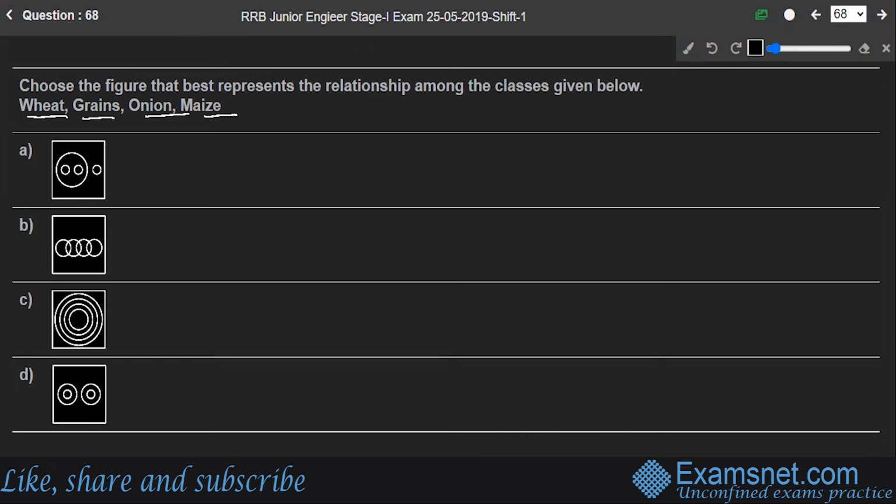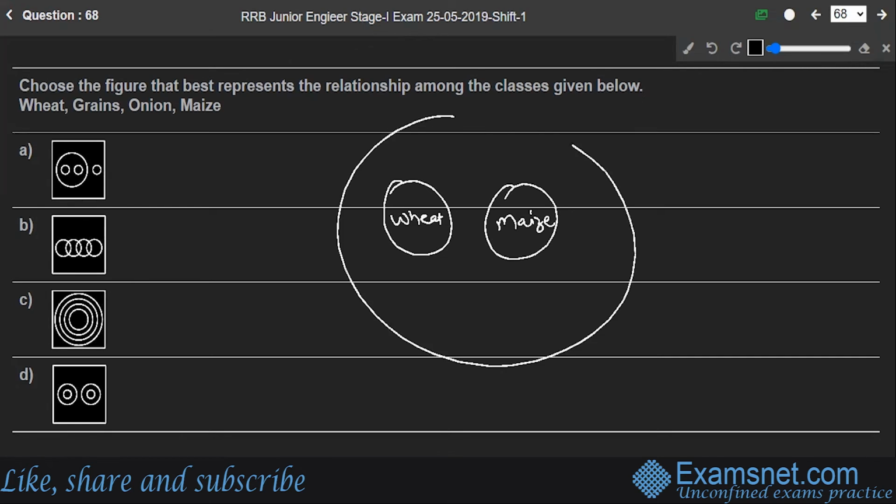Okay. See, wheat is a grain. This is wheat. Wheat and maize, both are grains.